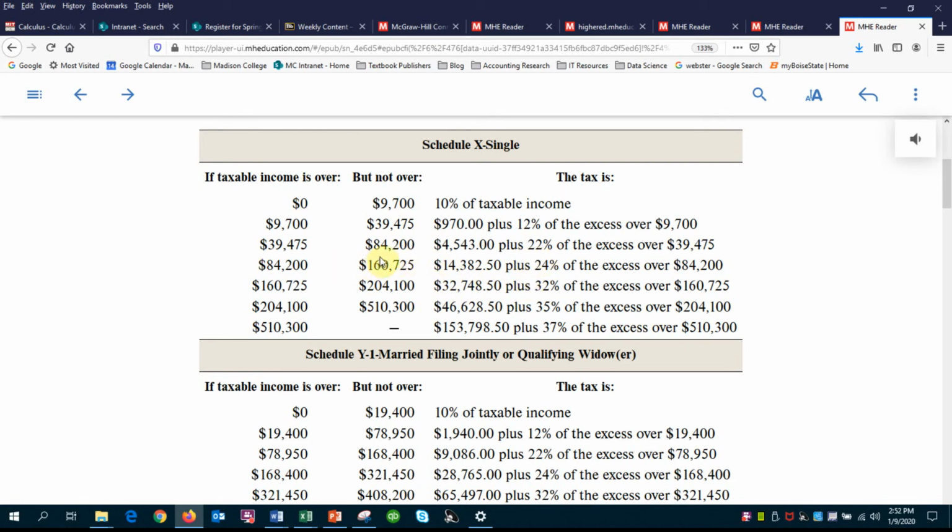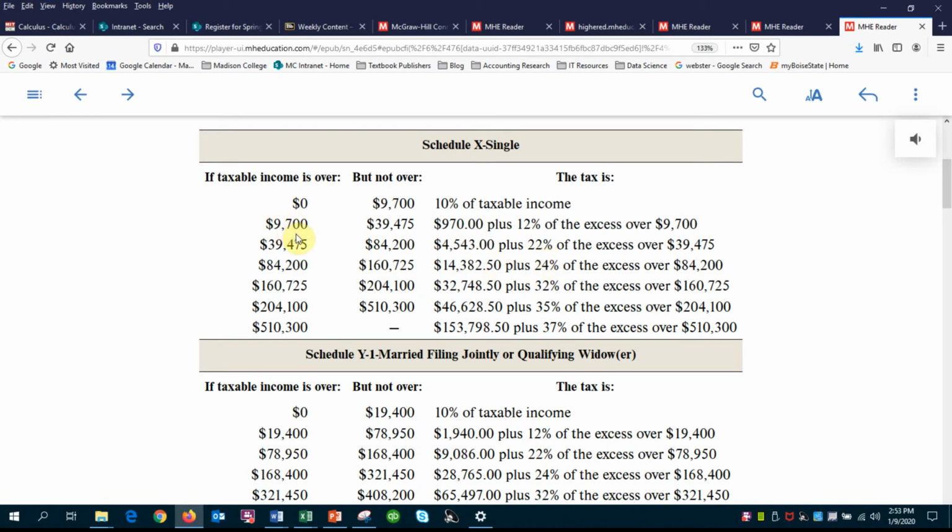So, for example, if a taxpayer earns $84,200, the only portion of that $84,200 that is taxed at that 22% tax level is the amount of taxable income between $39,475 and $84,200. So only that segment of their income is taxed at 22%.